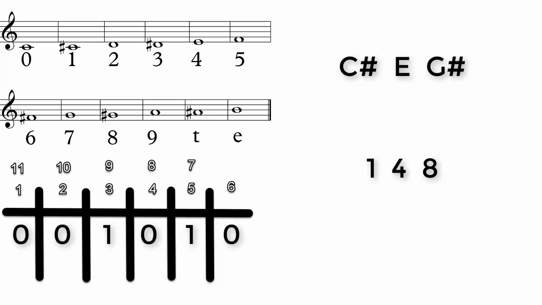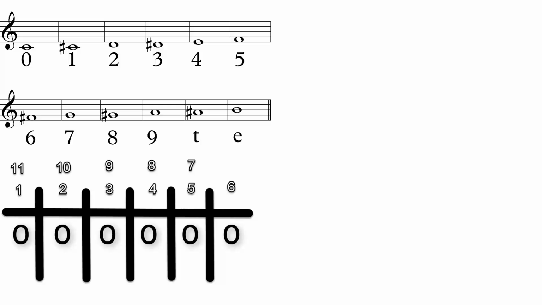And then E to G-sharp is a major third, which is a 4, so let's add 1 to the 4 column. And what we have is a 0, 0, 1, 1, 1, 0. And this represents major as well as minor chords. Next, let's take a look at the pitch set 1, 3, 4, 9.